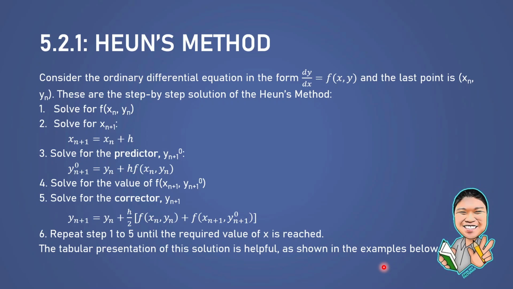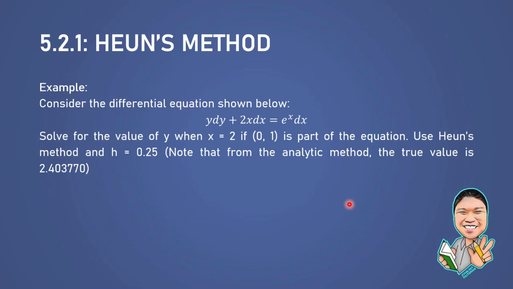If you recall, doon sa mga unang topics natin like root finding, Newton-Raphson, bisection, false position, tapos yung other methods, alam natin na mas maganda na may table. So, ganun din dito sa differential equation. Mas helpful na may tabular presentation ka ng solution mo.